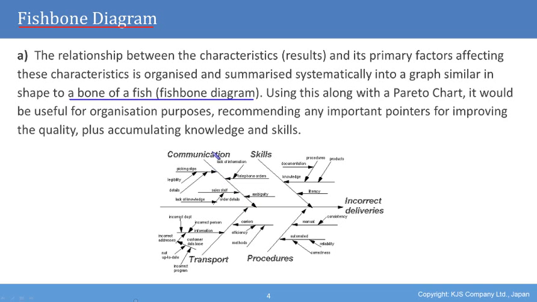For example, in communication, there could be problems with lack of information, telephone orders, picking slips, and ambiguity, which all comes under the headline of communication. This shows an easy way to look at main causes of a particular problem.